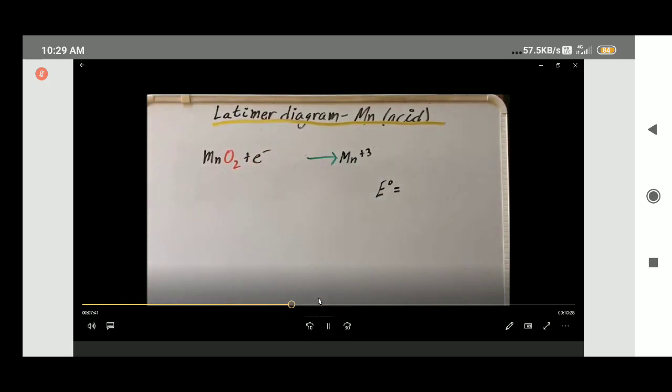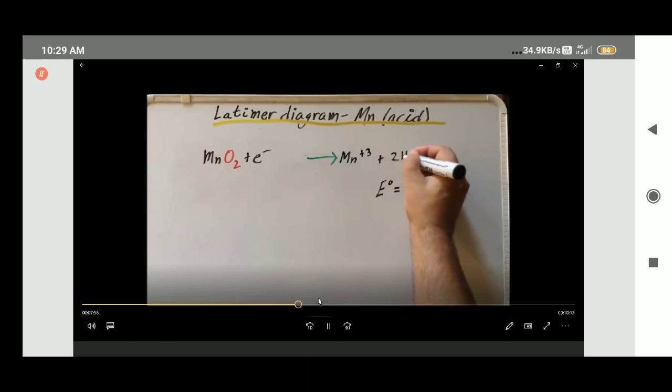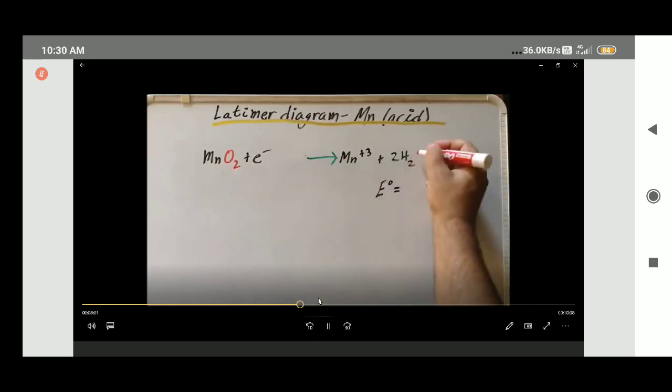That balances the oxidation numbers for manganese. However, we don't have the oxygen balanced, so we need to add oxygen on the right-hand side in the form of water. Again, this is going to involve 2 molecules of water. Now the number of oxygens is balanced, there are 2 on each side.